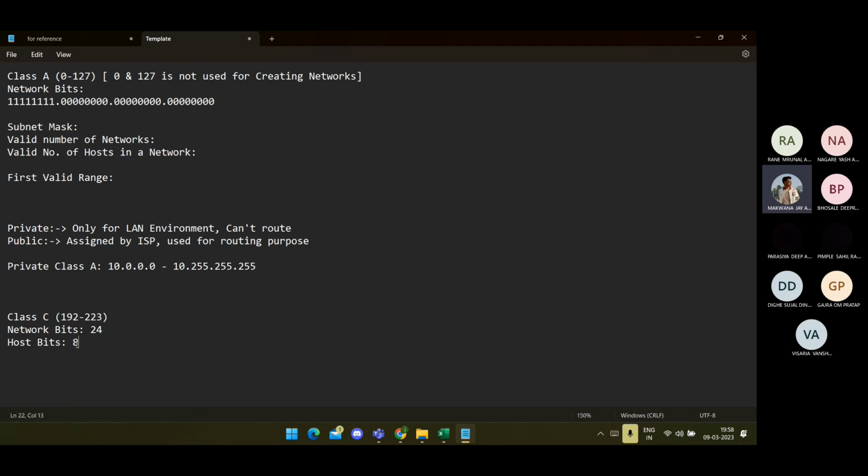Okay, so 8 are host bit. Can someone tell me how we can write the subnet mask of this C class IP address?